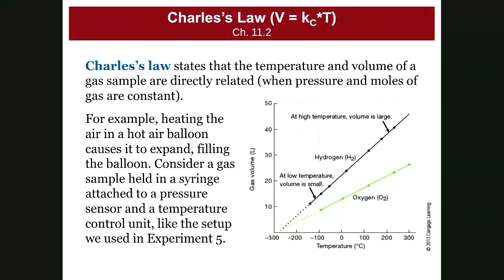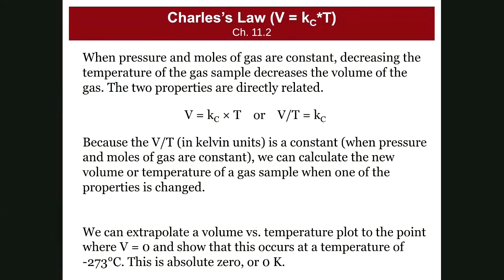So if you extrapolate back to where volume is 0 at the place where the axes meet, then temperature is a little less than 250 as you can see on this graph, and it is precisely negative 273 Celsius, or 0 Kelvin.